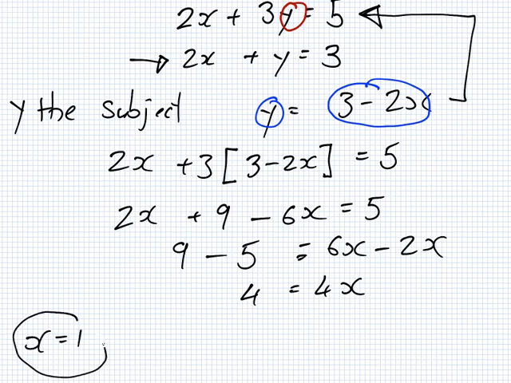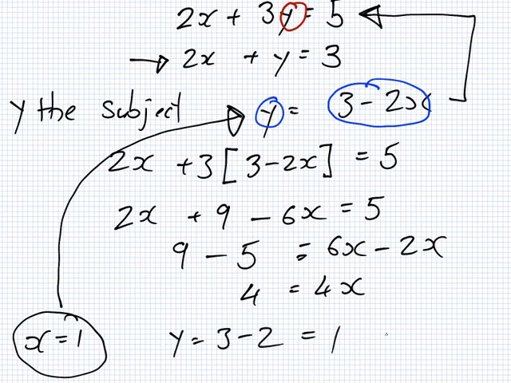But we still need to get y. Original. Yeah. So by using x equals 1 into this, we can say y equals also 1 then. So this is the answer here. And this is the substitution method.